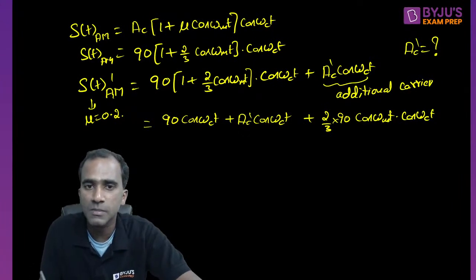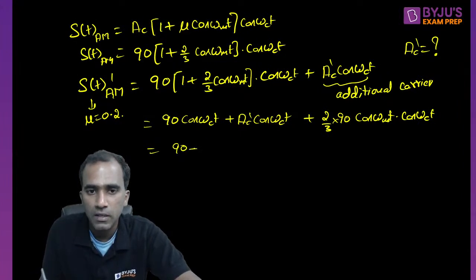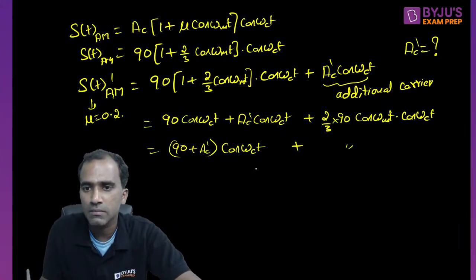I've just expanded this part and written three terms. Since the two carrier terms have the same cos omega ct, we can take it common: 90 plus AC dash into cos omega ct, plus this term.